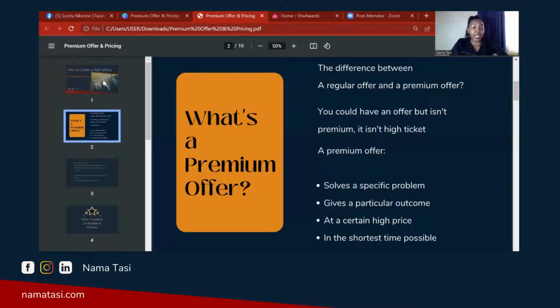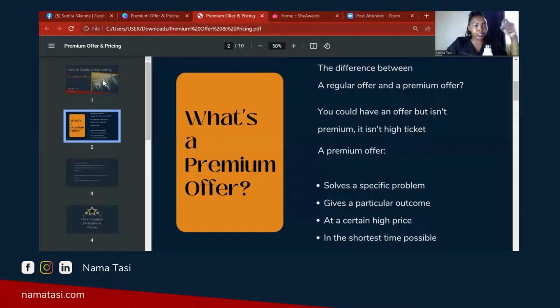Mostly, a premium offer is one that solves your client's problem in the shortest time possible. You'll find with your premium clients, it's not that they wouldn't figure out how to solve their problem. It's just they want your help in shortening the process, in shortening the curve of getting that result.